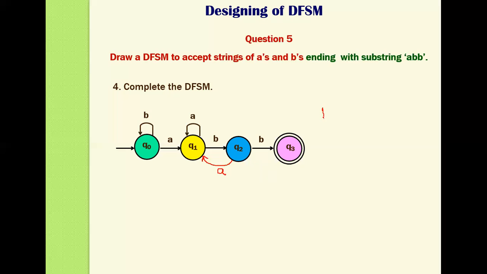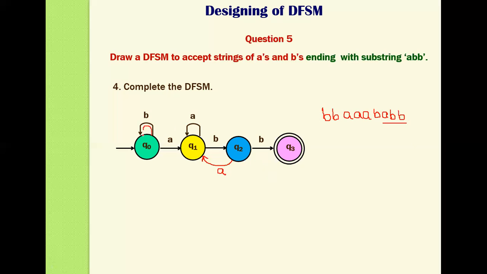I wanted to check for B, B, A, A, B, A, B, B. Since it is ending with ABB, the string has to be accepted. So how do you read this? BB, self loop.